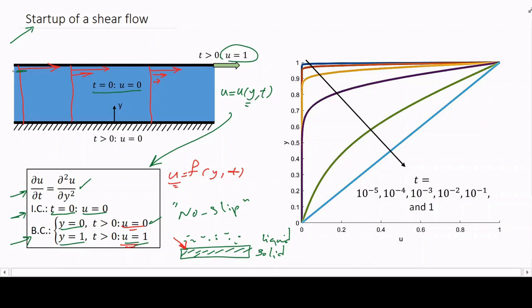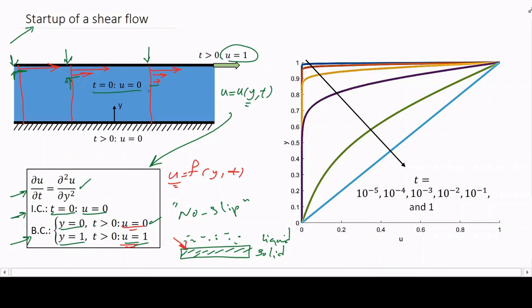For example, at the beginning you have a very thin layer of liquid right next to the upper plate that sees the effects of the boundary, but the thickness of this layer is going to be increasing over time.